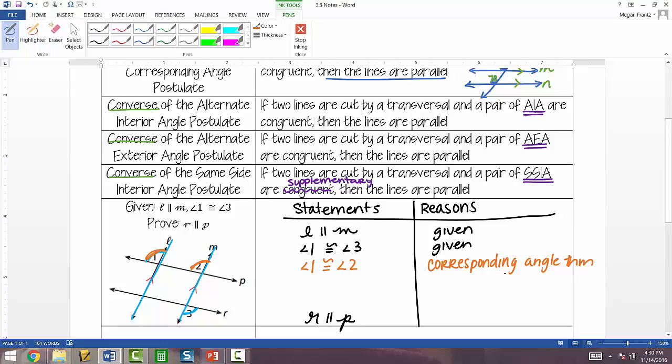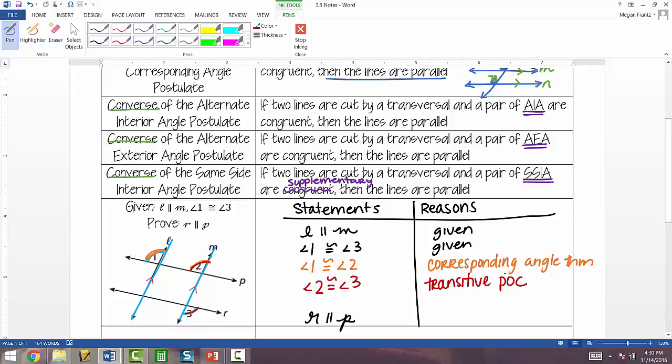And then, if I know angle 1 is congruent to 2, and angle 1 is also congruent to 3, remember we can cut this middle stuff out right here, and I can say angle 2 has to be congruent to angle 3. This guy and this guy. And this is by the transitive property.